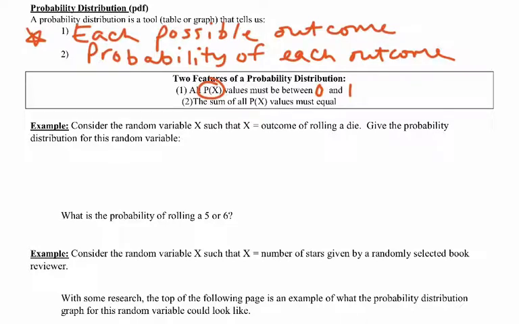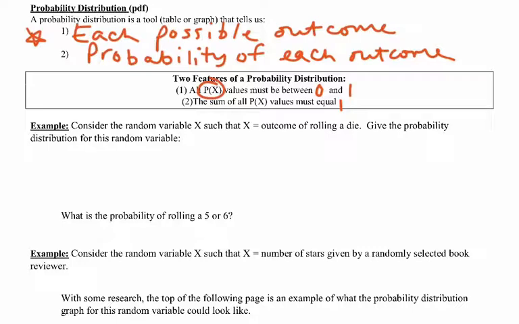Probabilities themselves have to be between 0 and 1, so that rule still applies. Each probability's got to be between 0 and 1, and the sum of all of those probabilities has to equal 1. So whatever the events are, if I'm listing all of the possible outcomes and I'm listing the probabilities for each of those outcomes, if that covers all the outcomes in my scenario, the sum of those probabilities has to add up to 100%, because one of those things has to happen.